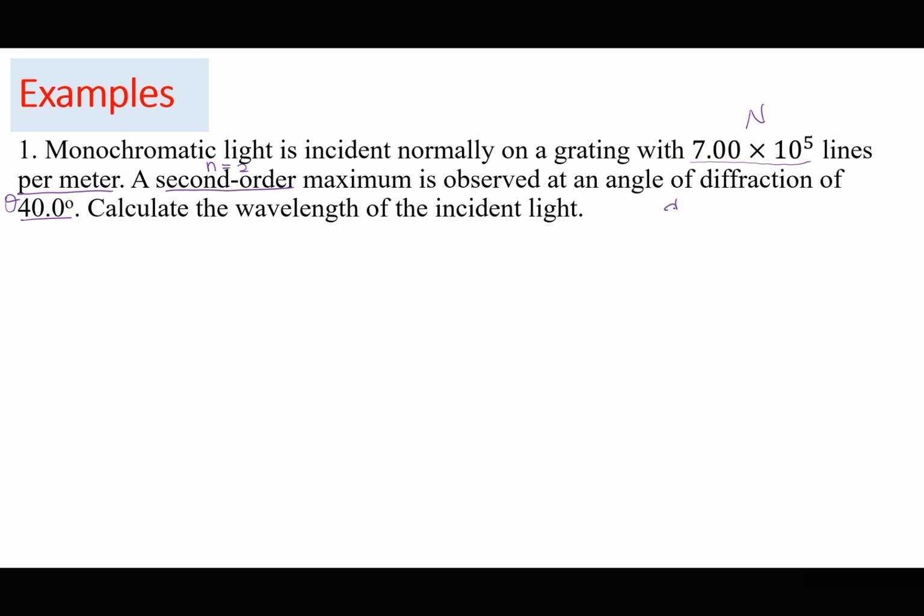So remember d sine theta is equal to n times lambda. And we have already mentioned that d is equal to 1 over N. So we want to find the wavelength. d is 1 over N, which is 7 times 10 to the power of 5. Sine of theta, which is 40, should be equal to n, which is 2, times wavelength. So I just press my calculator.